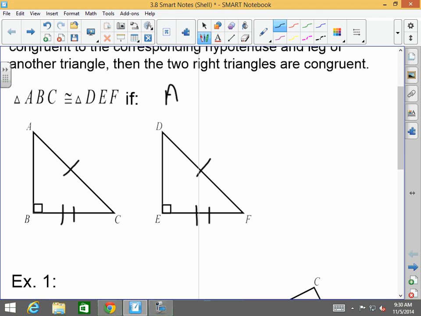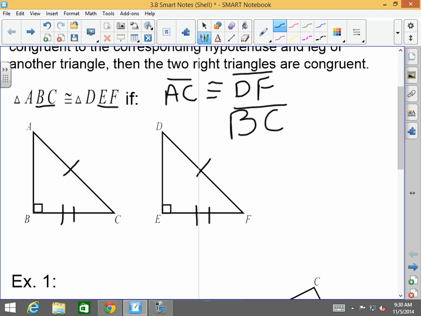Why? Because AC is not only a hypotenuse, but its corresponding hypotenuse on the other triangle is DF. Those are congruent. And if you see from the letters, not the figure, BC corresponds to EF. So if BC is congruent to EF, then I have my HL postulate here, clear. I have corresponding hypotenuses that are congruent, and I have one corresponding leg that is congruent.